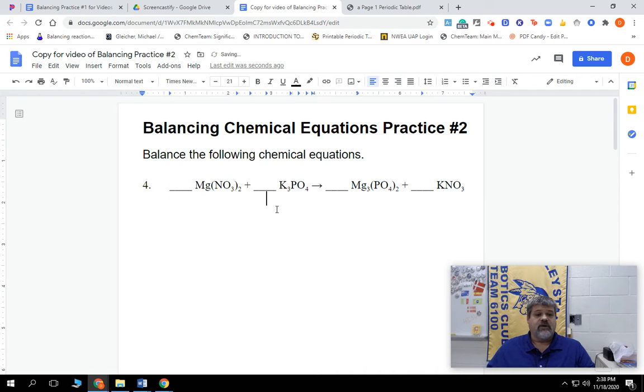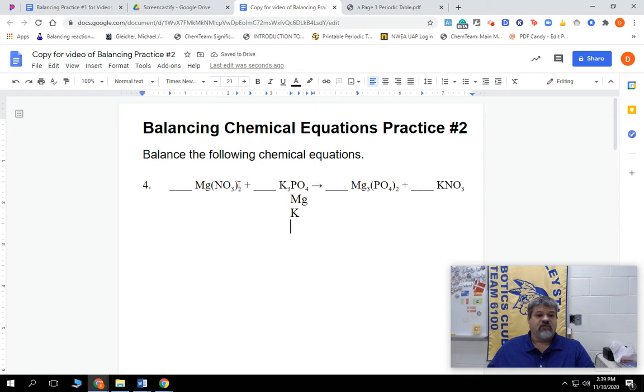We're going to start off and put down the elements that we have in the equation. We have the same elements on each side, but notice we have polyatomic ions in there, and we're going to keep them together. So we're going to put down magnesium, and our next element, potassium, because again, I like to put all of our stuff together.